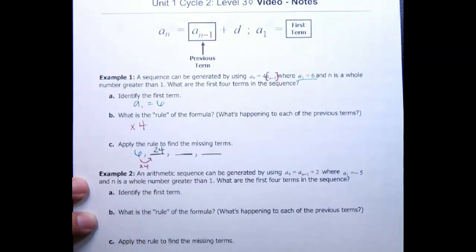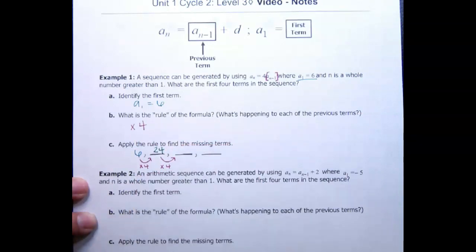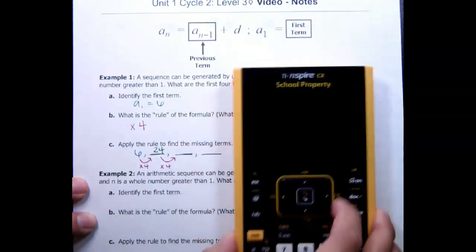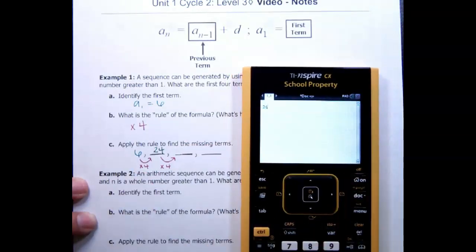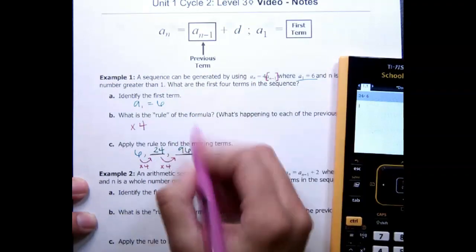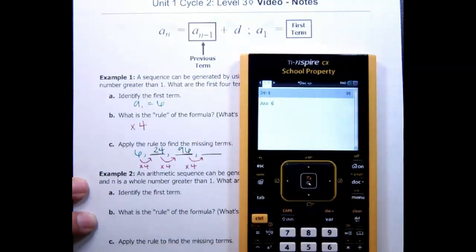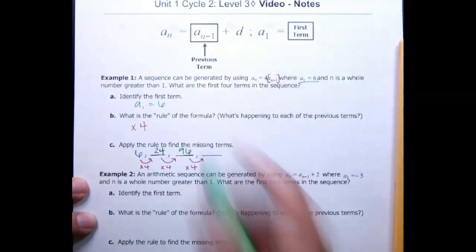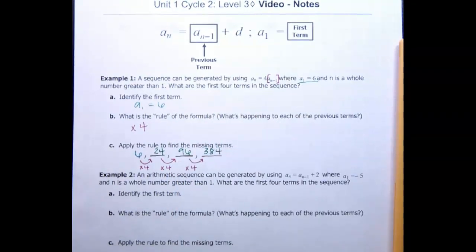And then we keep that pattern going. Some of you may need a calculator at this point. 6 times 4 is pretty easy. 24 times 4, 96. And then the last one, we keep that pattern going: 384. So that's our first example.